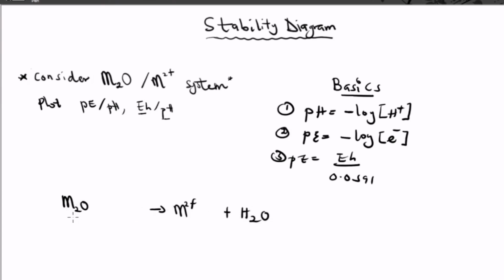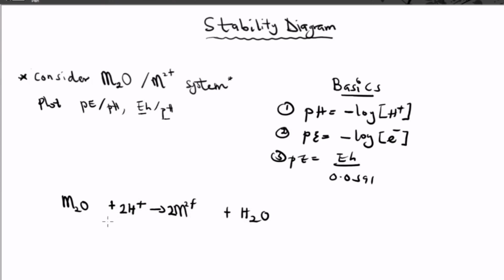Now we know that here we have two molecules of M, so we are going to add 2 here. Still the equation is not balanced, because when you add water here, you're supposed to add hydrogen ion on the other side, and in that case we have 2 moles of hydrogen ions here.